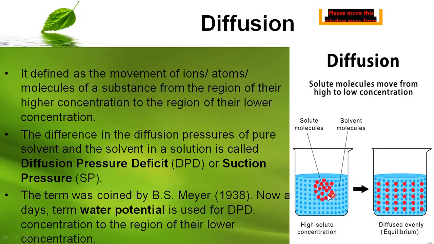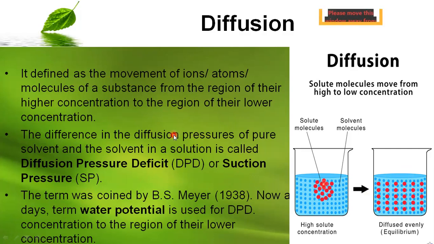See from the example, here the solute molecules are dispersed in the solvent molecules. Here there is a high solute concentration, and when it diffuses, when it disperses evenly in the solvent molecules, the diffusion process is complete at equilibrium.